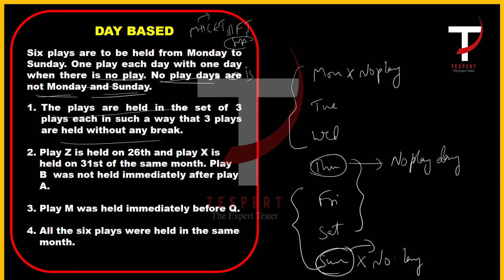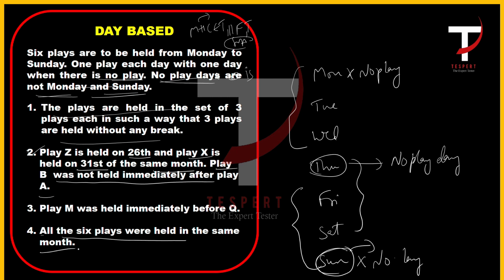So Monday, Tuesday, Wednesday is one set, Friday, Saturday, Sunday is one more set. If we consider statement 2, which is play Z is held on 26th and play X is held on 31st of the same month. Play B was not held immediately after play A. The last statement also says that all the 6 plays were held in the same month.